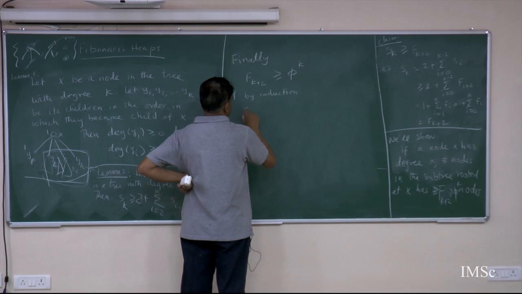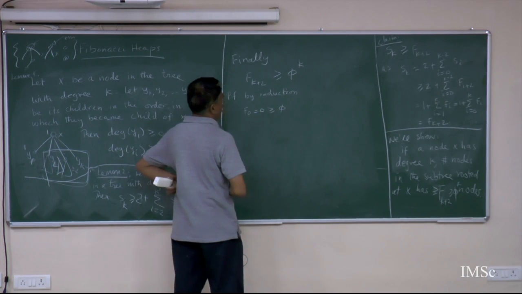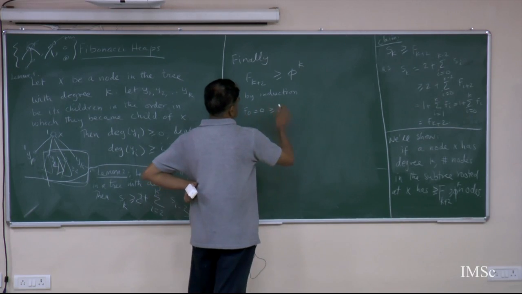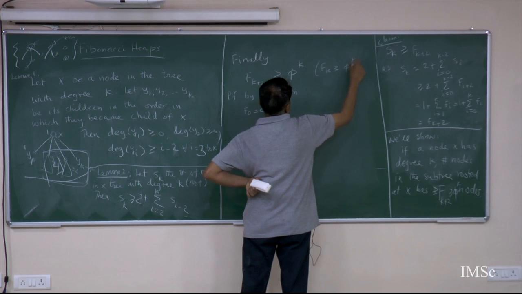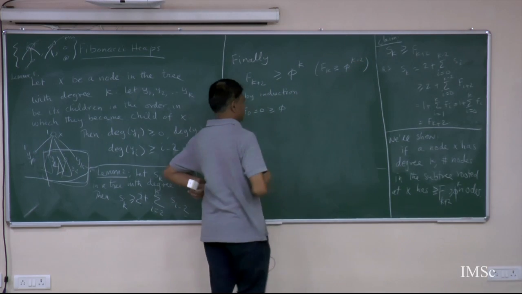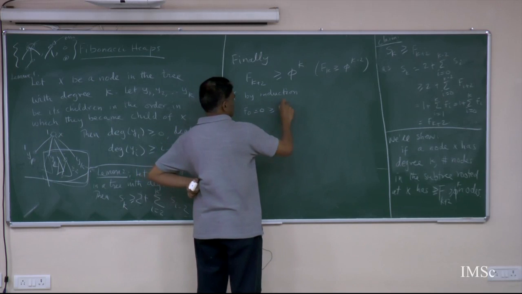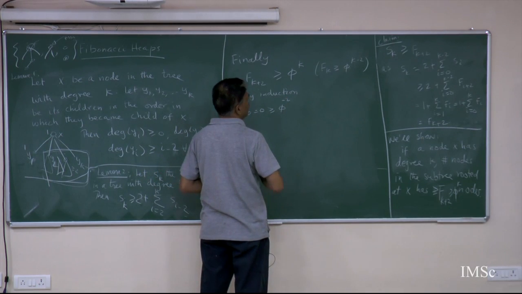Right? What is it? F0 is 0, which is greater than or equal to. Yeah, so actually what I want to say is that F_k is greater than or equal to φ^(k-2).